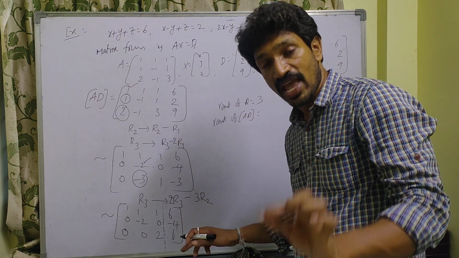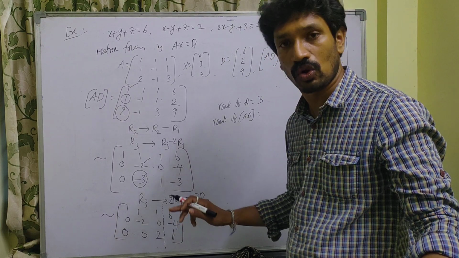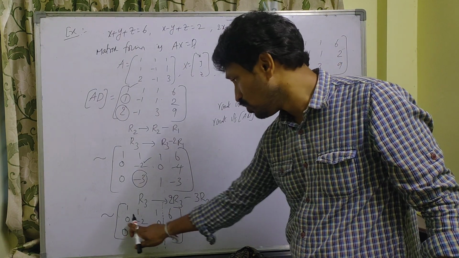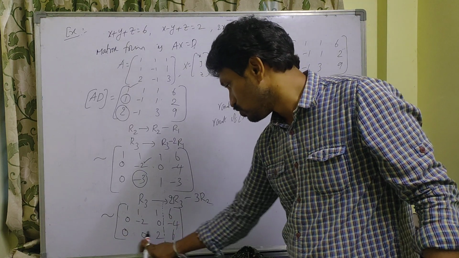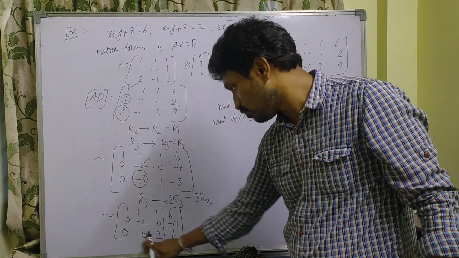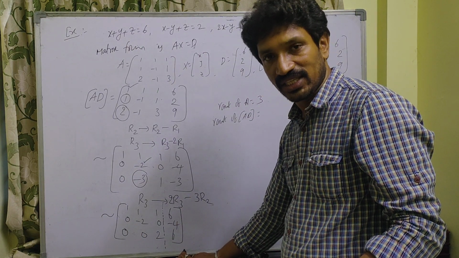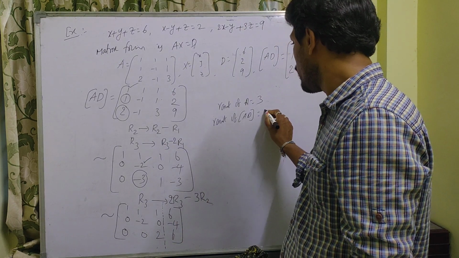A non-zero row means you have at least one non-zero number in that row. So here a non-zero row, here a non-zero row, because minus 2, minus 4 are both non-zero numbers. Here 2, 6 are non-zero numbers, so this is also a non-zero row. So for the matrix AD also there are 3 non-zero rows.